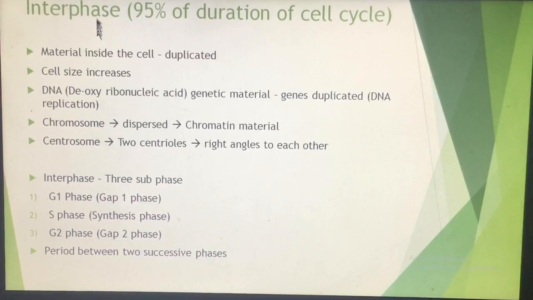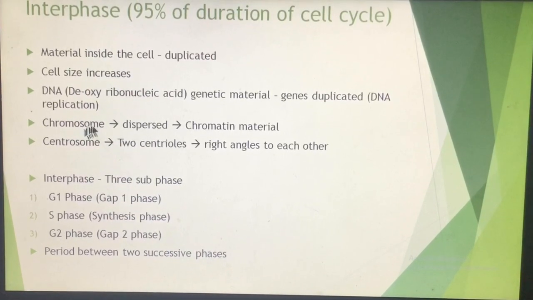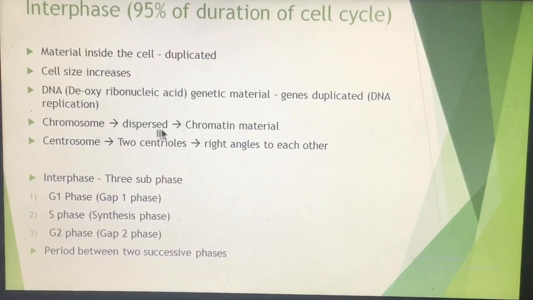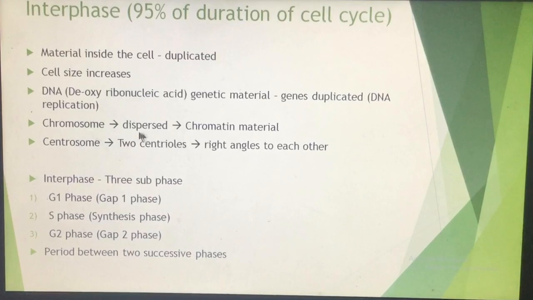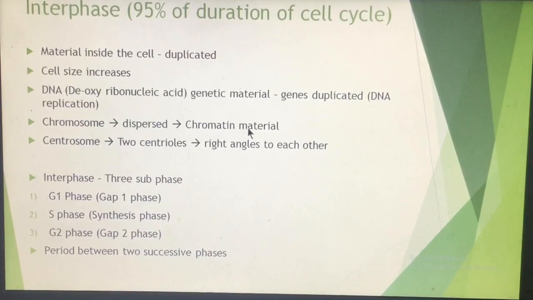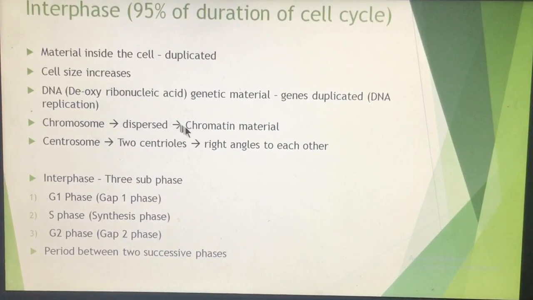Now during the interphase, these chromosomes which are present inside the nucleus are in a dispersed condition. That means you cannot count the number of chromosomes present inside the nucleus. They form a type of network, and that network is known as chromatin material, or this network is made up of chromatin material.